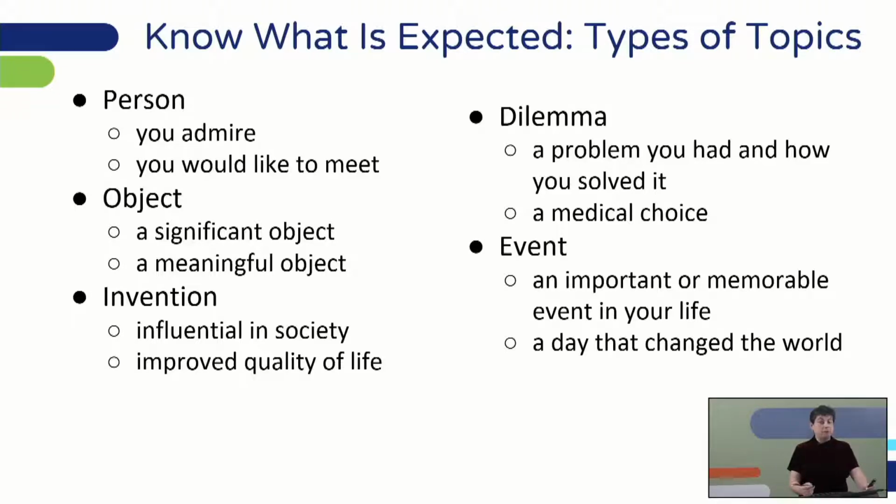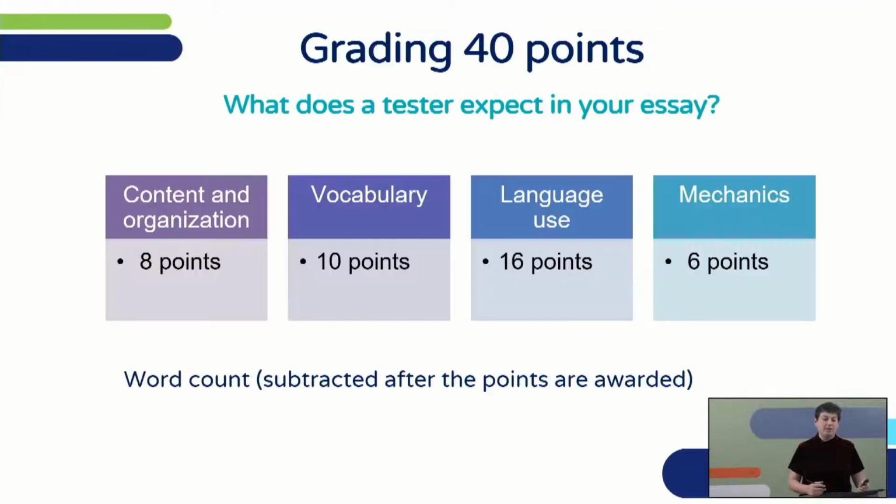Perhaps a medical choice, or maybe an event, maybe a memorable day in your life, or a day that changed the world. There are so many possible topics, but these 5 big ideas are going to cover most of what they could ask. Let's look at how you would take these and put together your ideas.